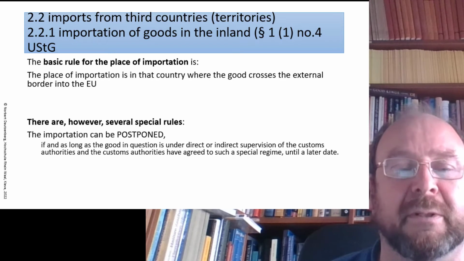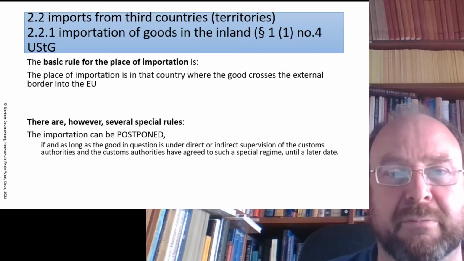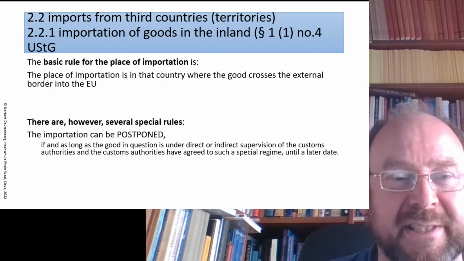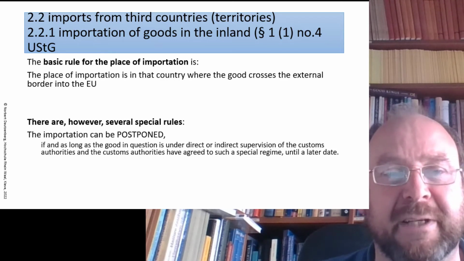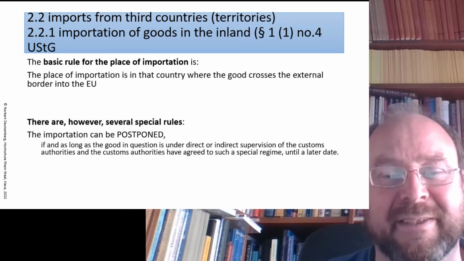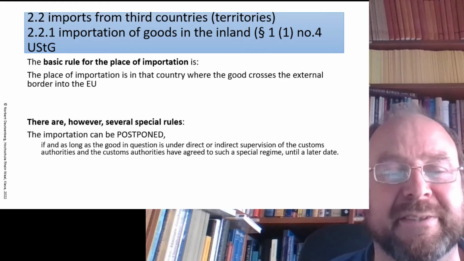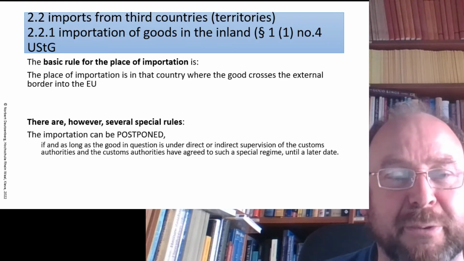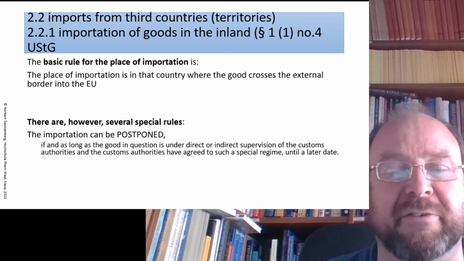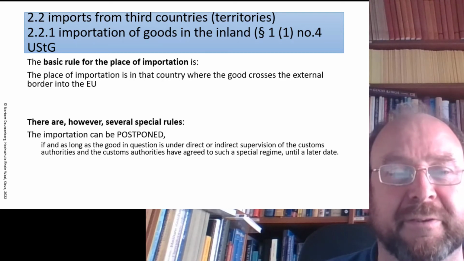For example, the importation procedures can be postponed, and the importation also is then postponed if and as long as the good in question is under the direct or indirect supervision of the customs authorities, and the customs authorities have agreed to postponing your importation until a later date and probably to a different location.